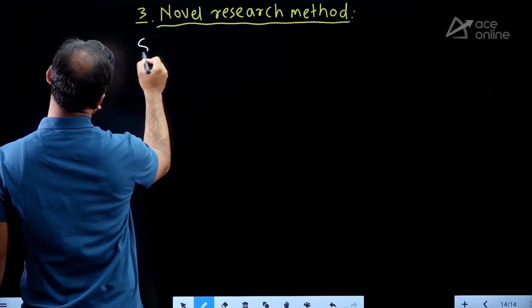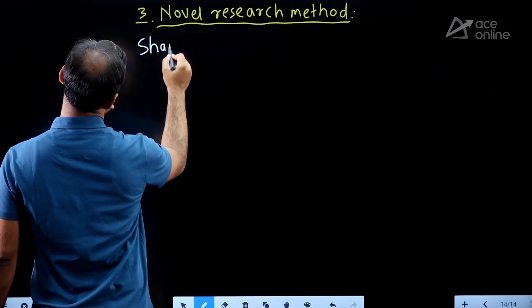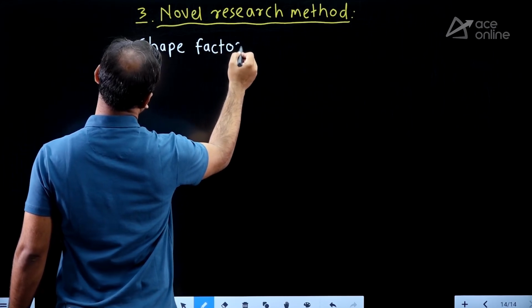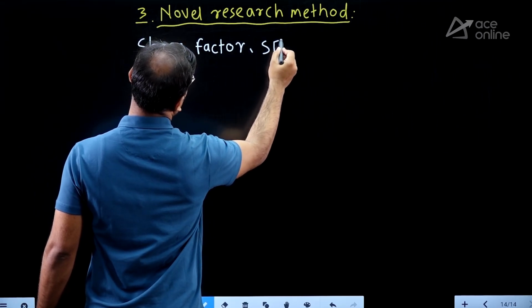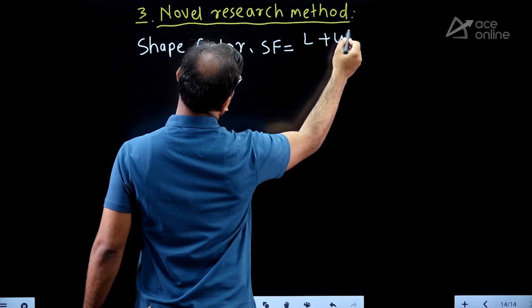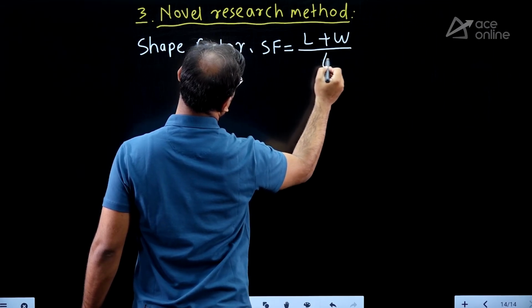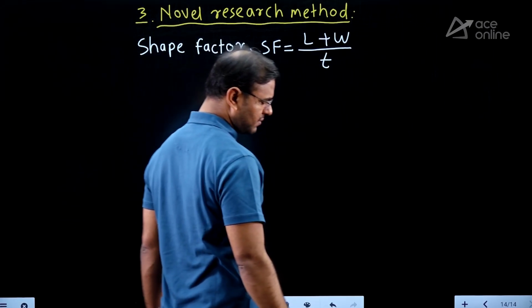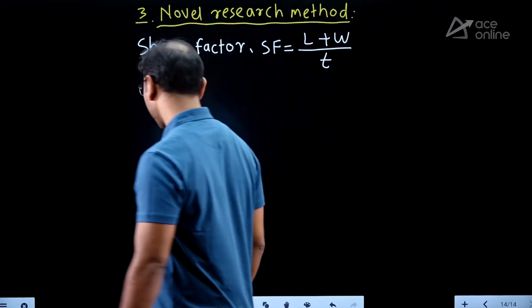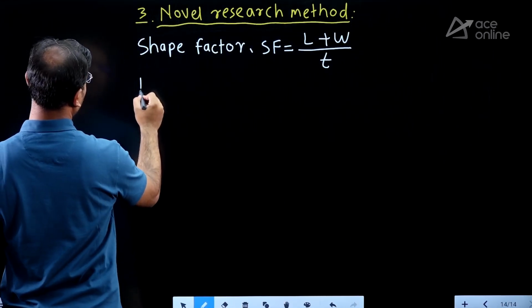Guys, this method depends on the shape factor of casting. The shape factor is equal to L plus W divided by T. What is L here? Length of casting.